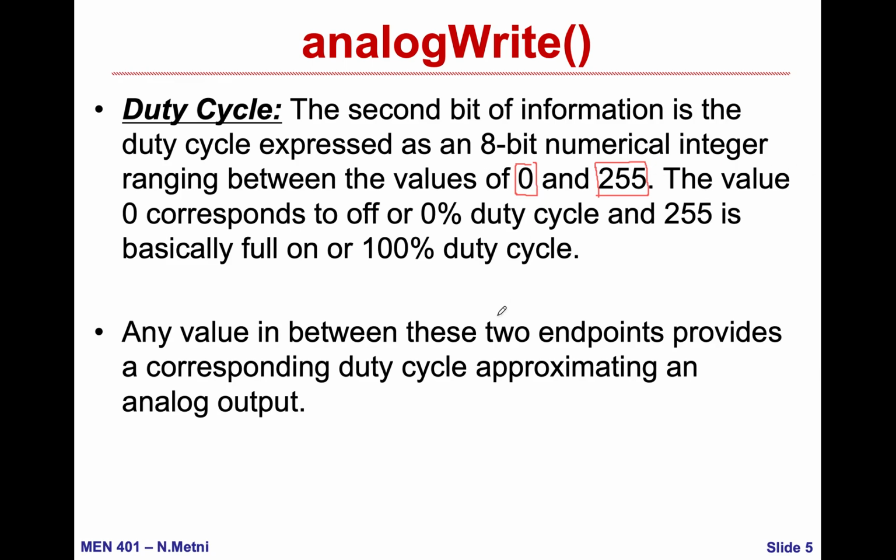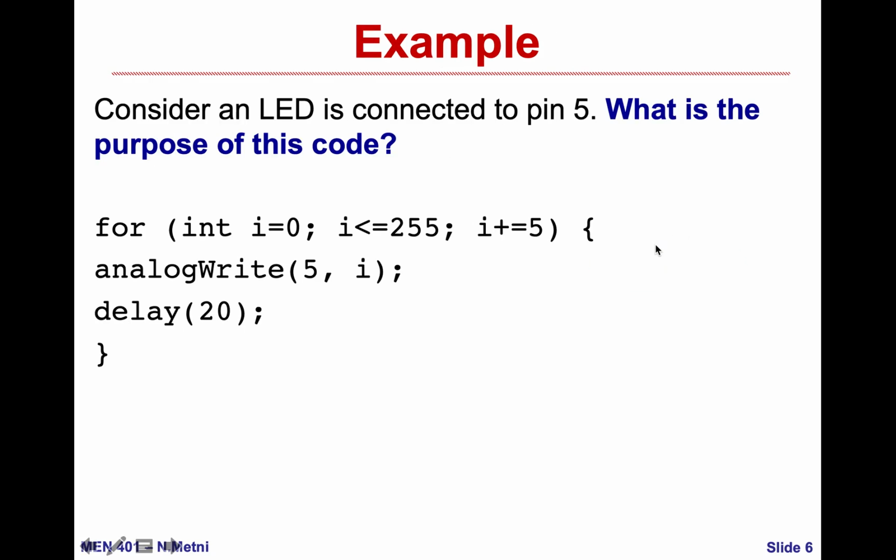Any value in between provides a corresponding duty cycle, with a linear relation between 0 and 255. So for example, if I want a 50% duty cycle, I will send around 128. The duty cycle cannot be a decimal value; it is an integer between 0 and 255.